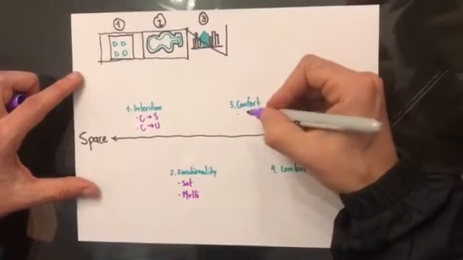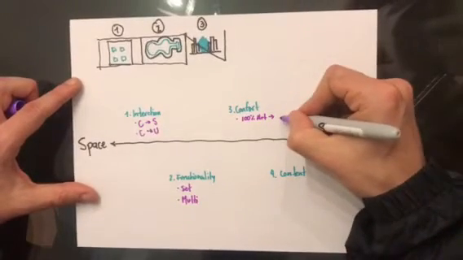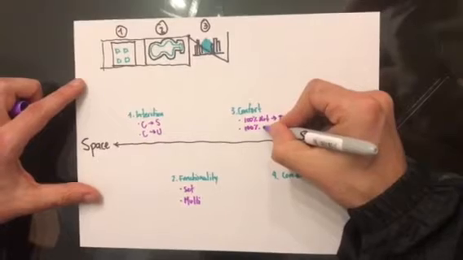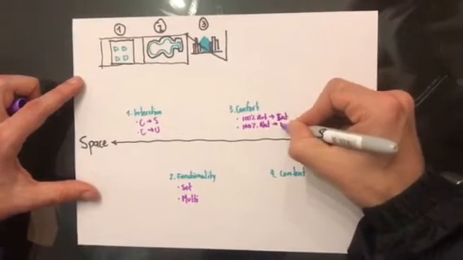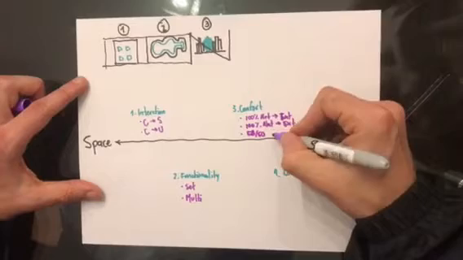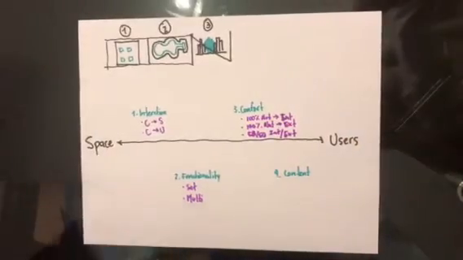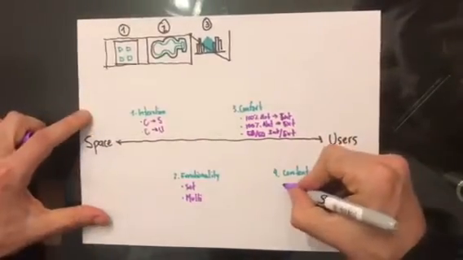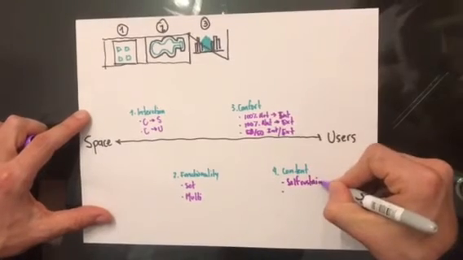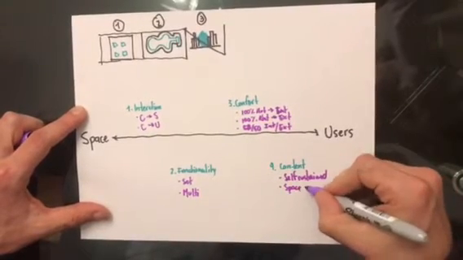In comfort, we'll have, let's say, 100% artificial comfort, which instates an interior space, 100% natural comfort, which instates an exterior space, and a 50-50 space, which is an interior exterior space, and content, which is self-sustained, or space dependent.